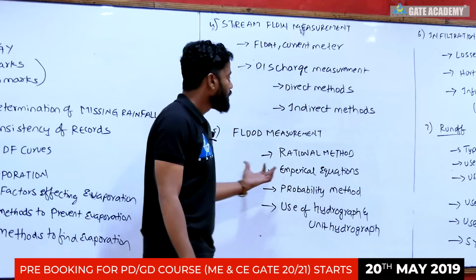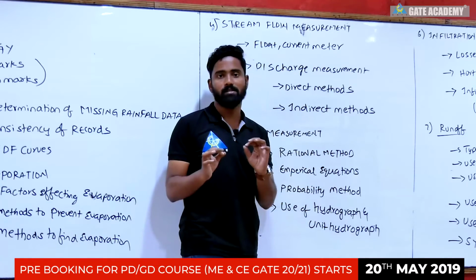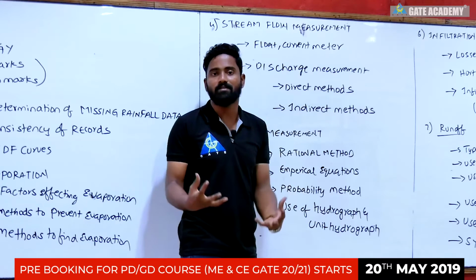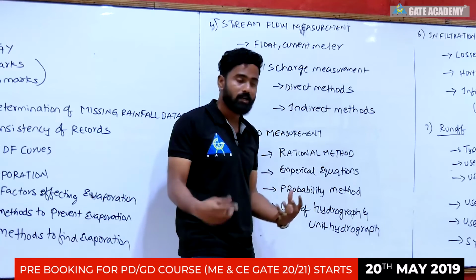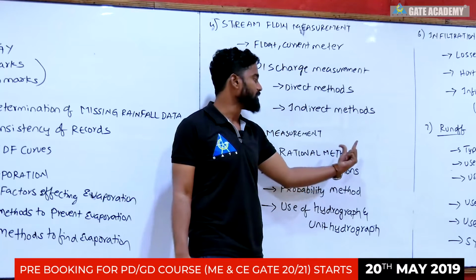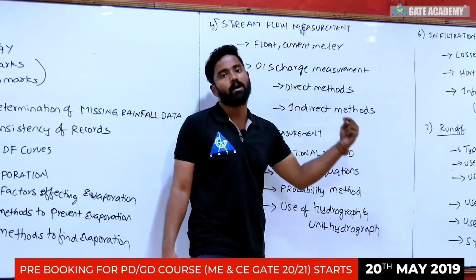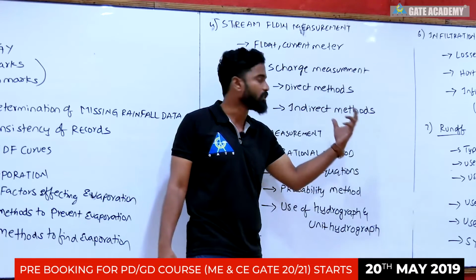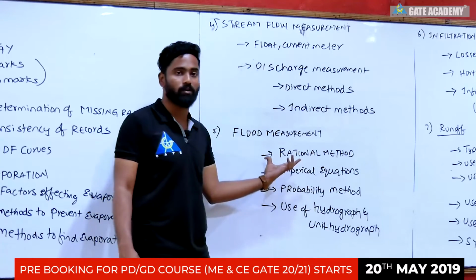For that, there is the rational method, for urban areas where flow area is less than 50 hectares, where discharge is calculated based on runoff coefficient, rainfall intensity, and area. If you substitute that in the formula, you will get this one.